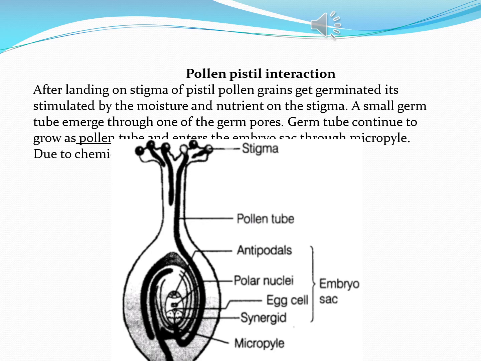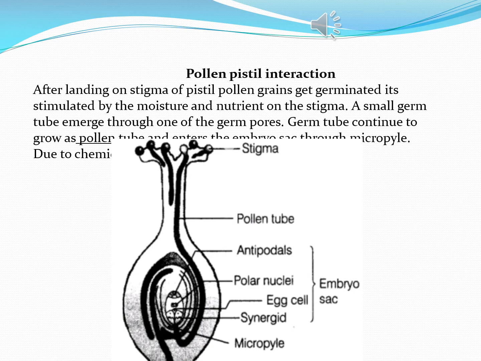How it reaches the embryo sac is all because of chemical attraction, and the pollen tube reaches the egg cell. These pollen tubes are carrying the male gametes, and this will help in syngamy or the fertilization process.